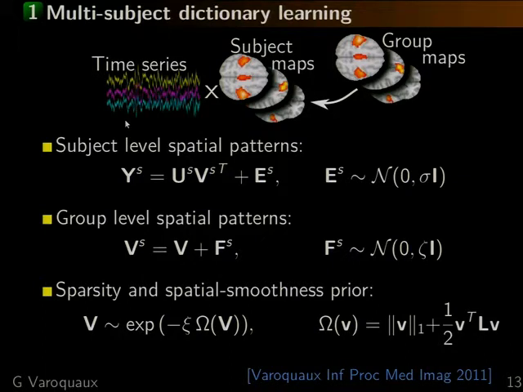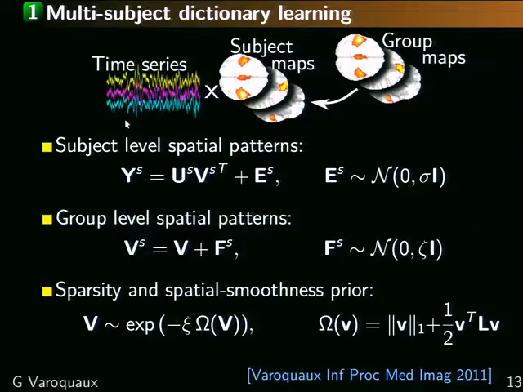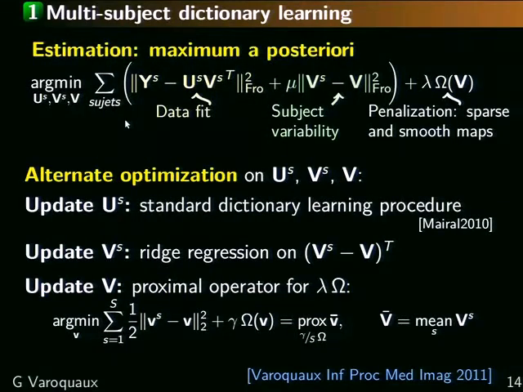And so we write the equations. This equation is really saying that this is one product of time series and subject map plus noise, and then we say that the subject maps are really group level maps plus subject to subject variability. So this is slightly different from the CanICA model, but not really.